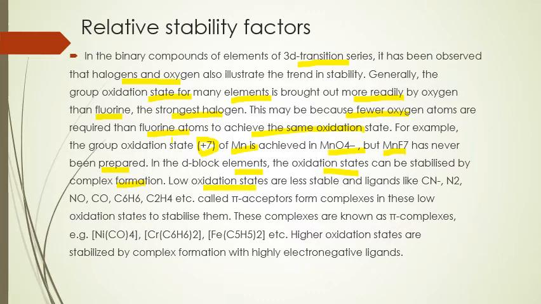The low oxidation states are less stable, and ligands like cyanide, nitrosyl and carbonyl are called pi acceptors, forming complexes in these low oxidation states. So they stabilize them, and such complexes are called pi complexes, which stabilize the lower oxidation states. Higher oxidation states are stabilized by complex formation with highly electronegative atoms like halogens.